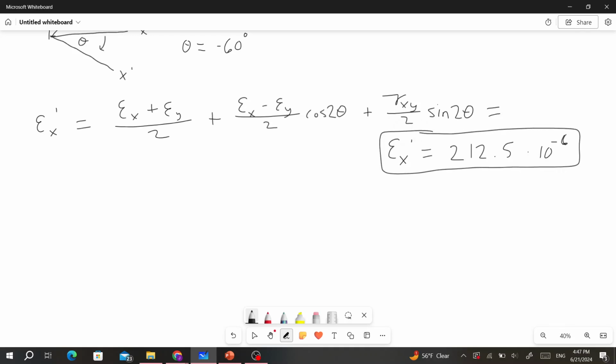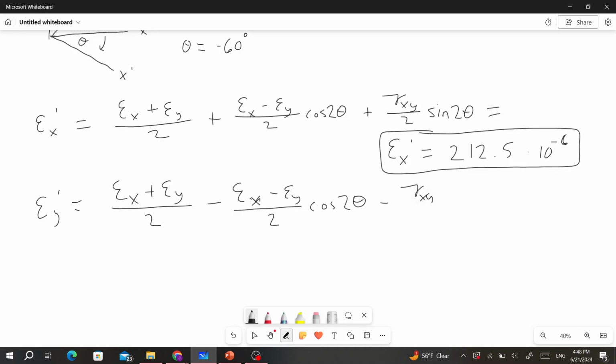Now the process for finding epsilon y prime is no different. We'll plug into our strain transformation equation: epsilon x plus epsilon y divided by 2, minus epsilon x minus epsilon y over 2 times cosine 2 theta, minus gamma xy divided by 2 times sine 2 theta.